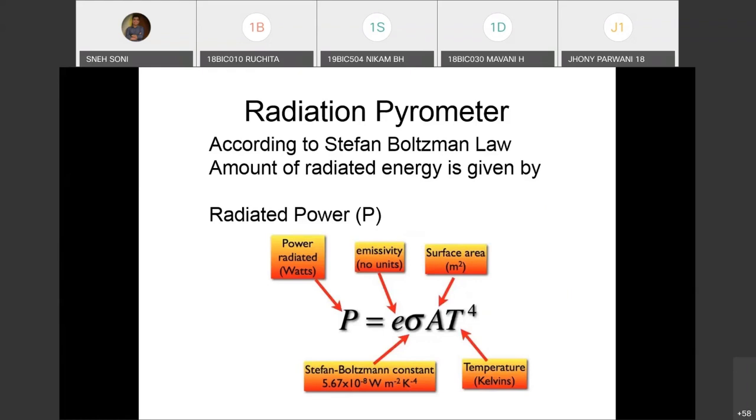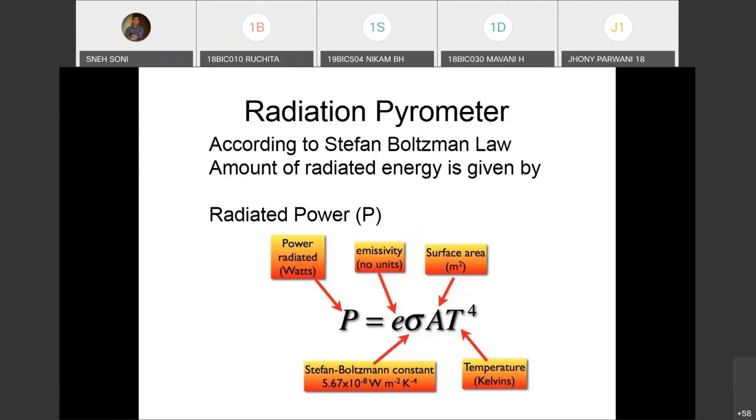Now, before going into the basic structure of the radiation pyrometer, we should recall the Stefan-Boltzmann law, right? The Stefan-Boltzmann law states that the power radiated is proportional to the fourth power of the temperature. So if I measure this radiated power, I can measure the temperature.